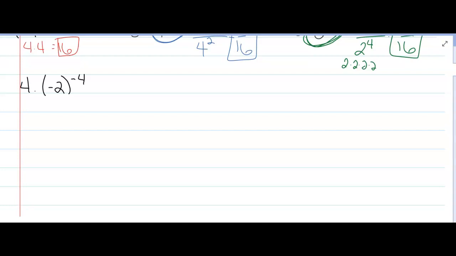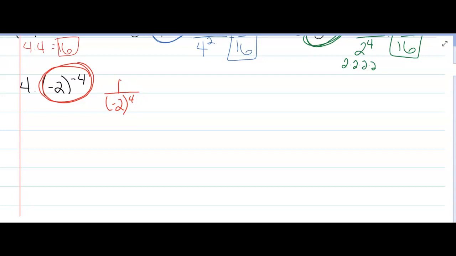So in this case, this is taking negative 2 to the negative 4th power. We'll see in the next one how it's going to be a little different. So what that means is whenever I'm moving my base, I need to move the negative 2. Now the 2 stays negative, but remember when I move that power to the denominator, it's going to flip that negative 4 to a positive 4.